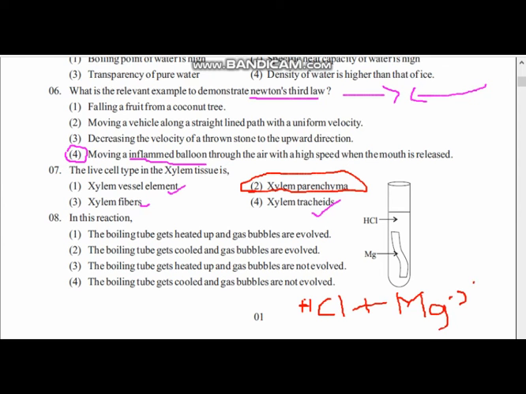So as a result you get magnesium chloride plus hydrogen gas. So since hydrogen gas is evolved, gas bubbles will evolve. So here the boiling tube gets heated. First one is the answer.